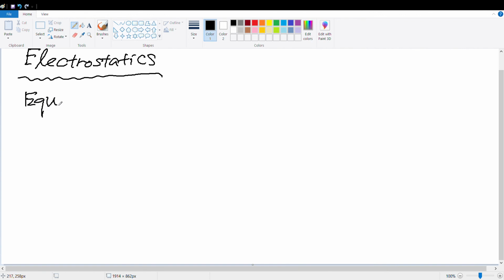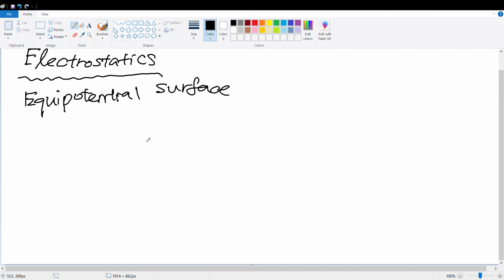In this subtopic, we are going to discuss it further. We are about to discuss the characteristics of the equipotential body, or the equipotential surface.